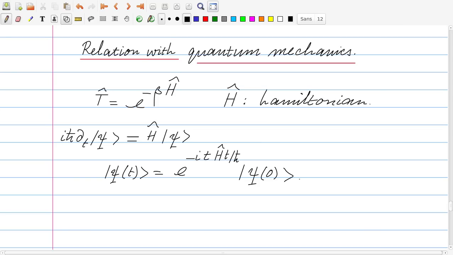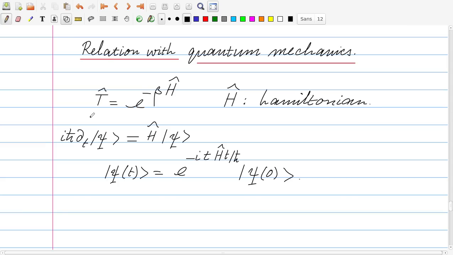To conclude, I would like to comment on the relation between quantum mechanics and statistical mechanics. So as we have seen, quite generally I can define a transfer matrix which couples, for example, two spins on a one-dimensional model, or it can couple two rows of spins in a two-dimensional model defined on a lattice.